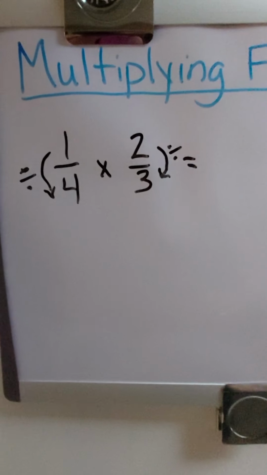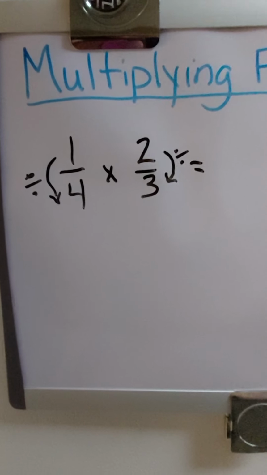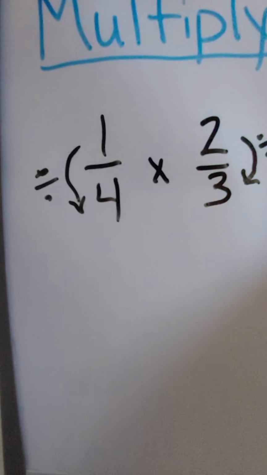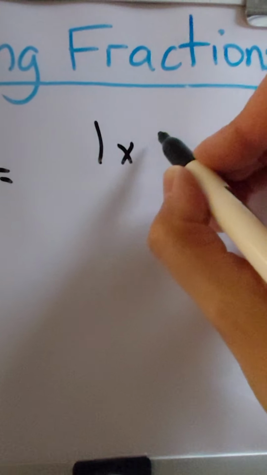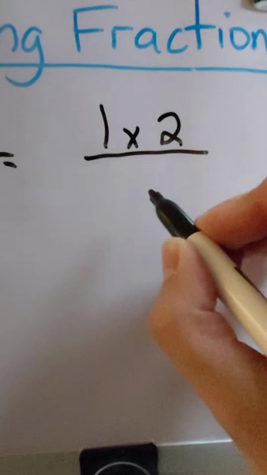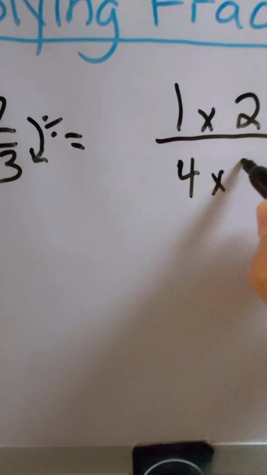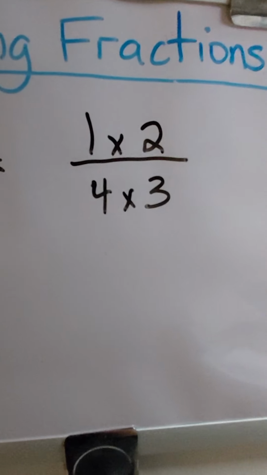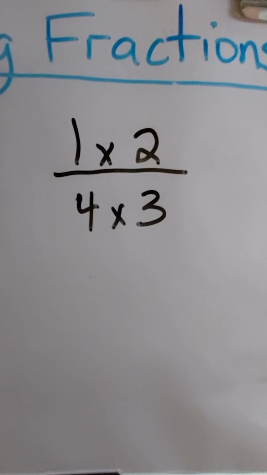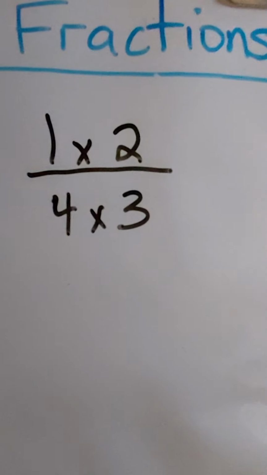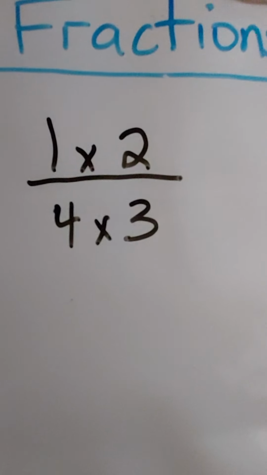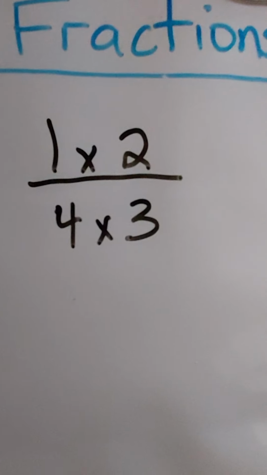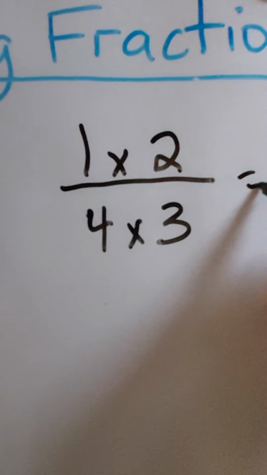Because multiplication and division get along so well, we can now rewrite this question and it can look like this. 1 times 2 divided by 4 times 3. So it's now a fraction that includes two multiplication steps and division. And it's very simple. All we do is multiply the top numbers.